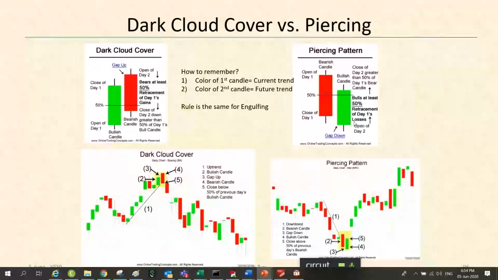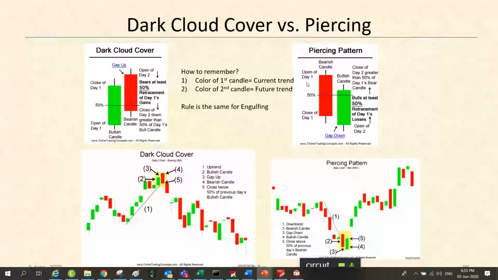I mentioned dark cloud cover. It is almost similar to the previous one, which is an engulfing pattern, but it will be a little bit up. When it is a little bit down, the effect will also be the same. When it is a little bit up, the effect will also be the same. You will see the second color matters. That means the second color is bearish, so it is going to be down in future.